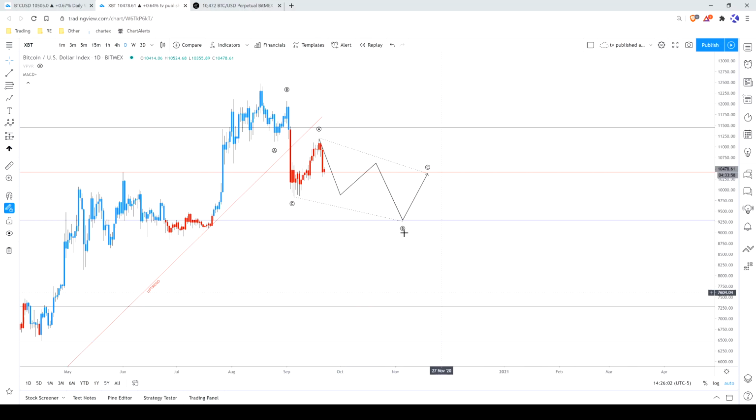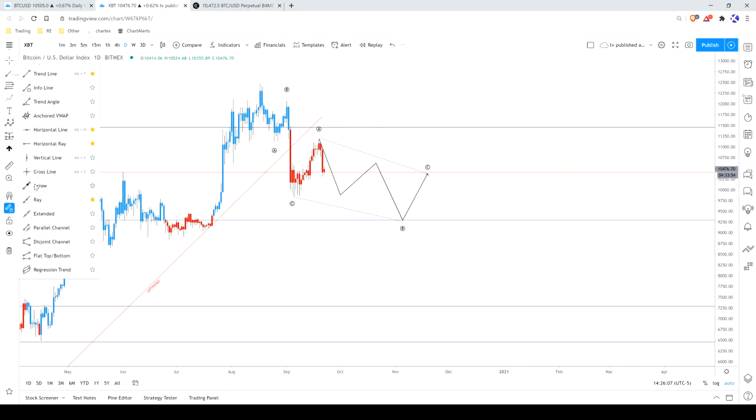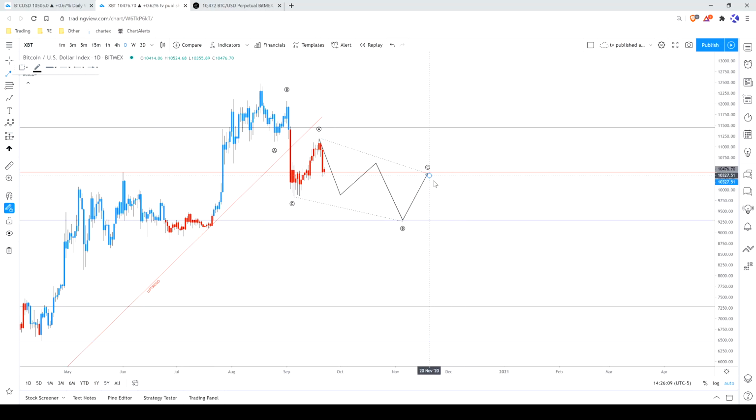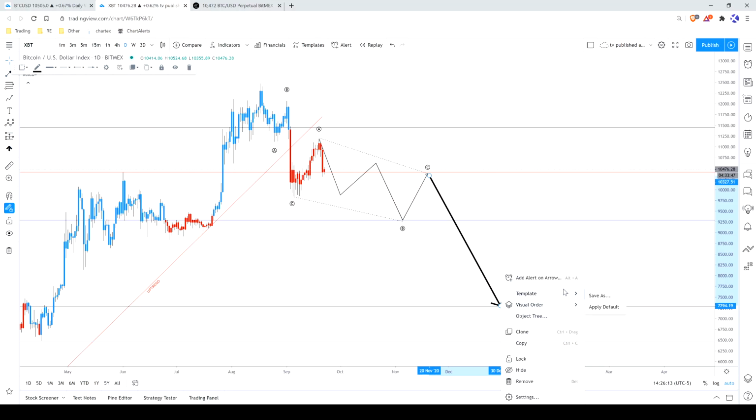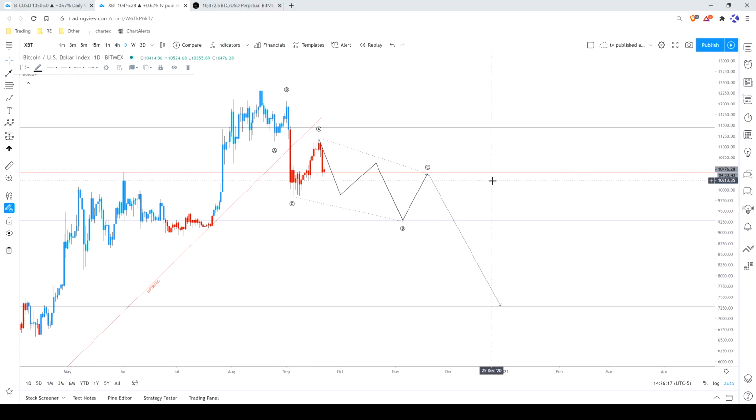They would bleed out quicker than what Bitcoin would during this time. And after completion of this move, I'd be expecting an impulse out. I see this as a very possible scenario. However, it's not my primary.